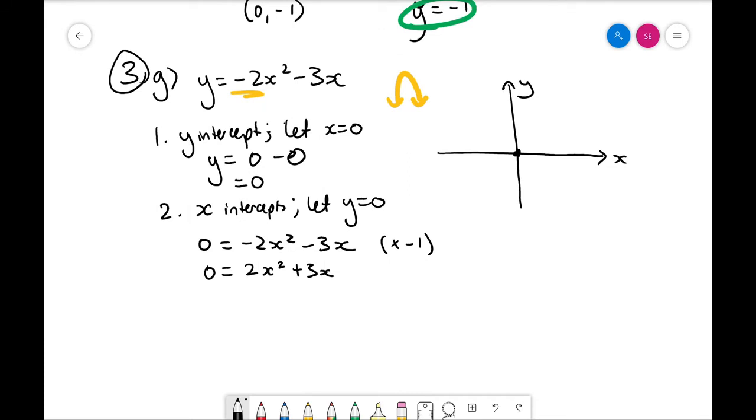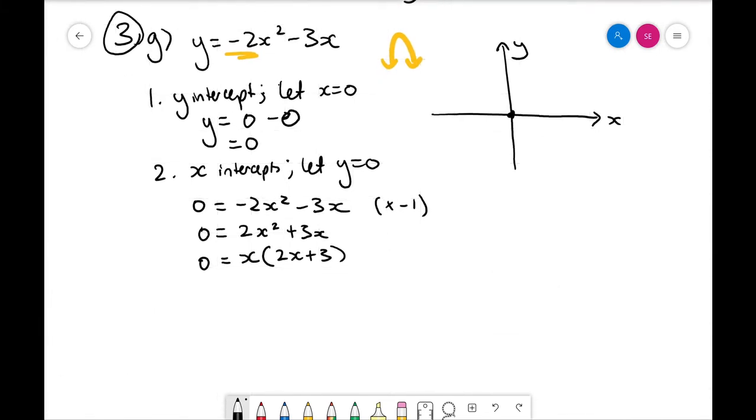Now let's do some factorizing here. So we'll get 0. We'll take a common factor out, which is x. And that'll leave us with 2x plus 3. So I've just taken the common factor of x out. Now, what we can see here is that this will equal 0, this will equal 0.